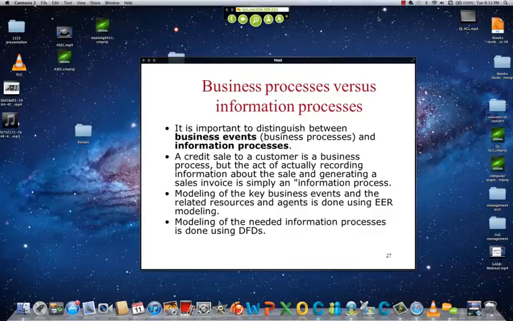The question for you: what is a business event here, and what is an information process? A business event is something that creates information. An information process records, manipulates, and reports information. So just make a guess.